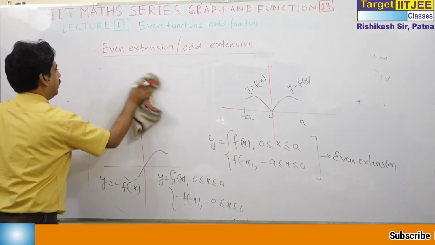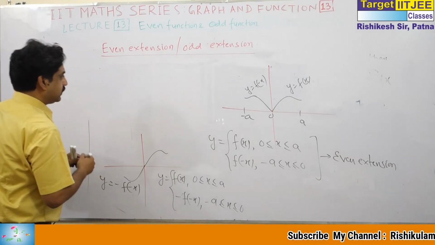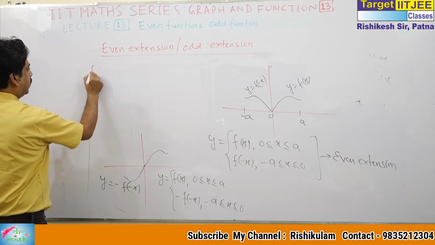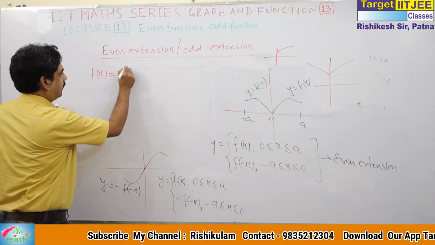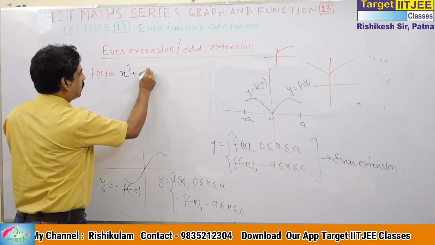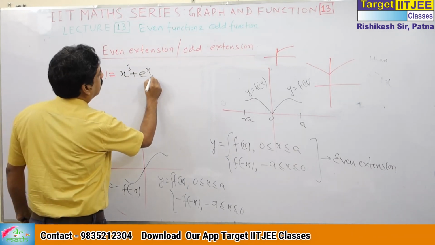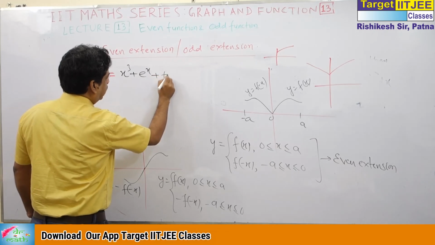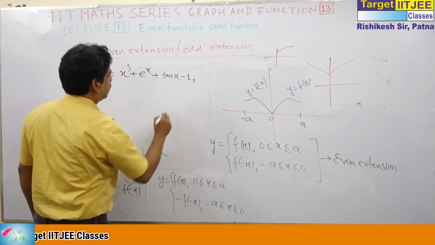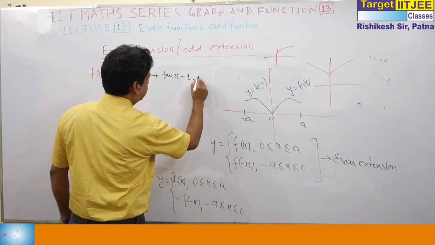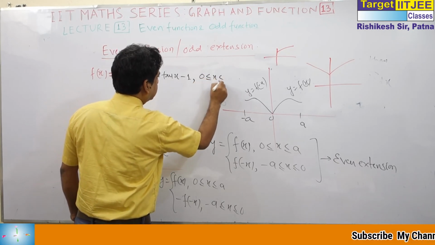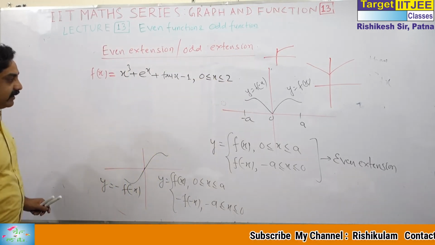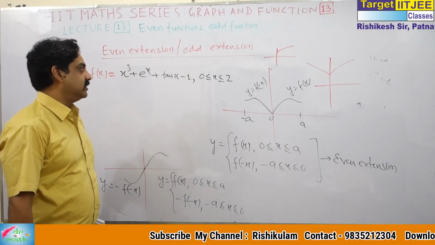Let me take an example. Suppose f(x) = x³ + e^x + tan x - 1, with interval 0 < x < 2, and we have to write the even and odd extension.